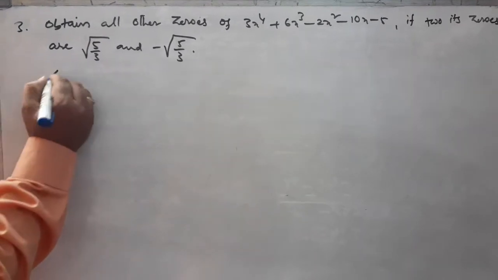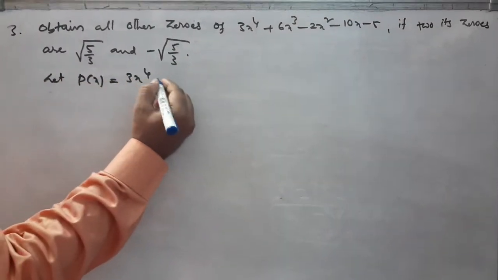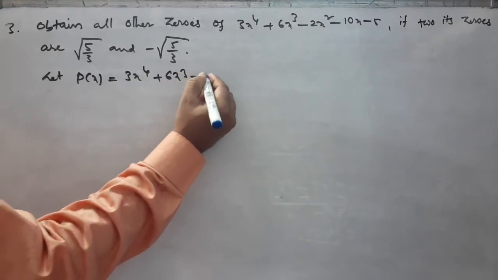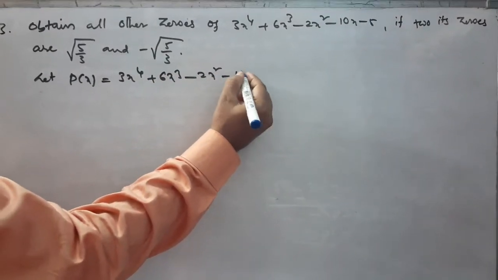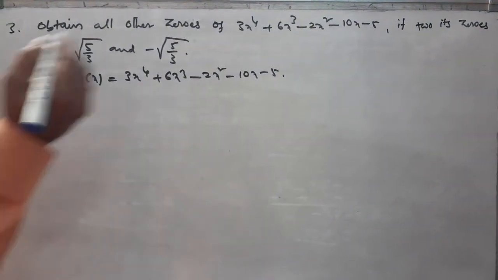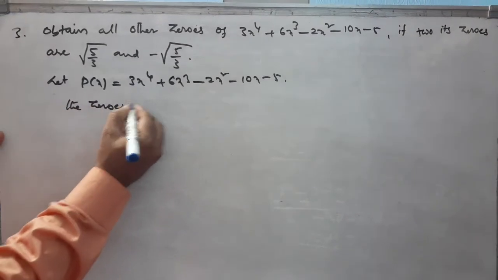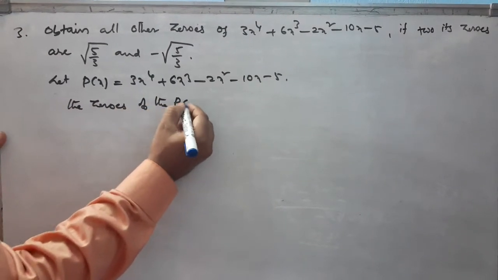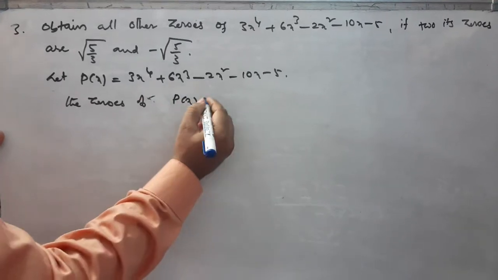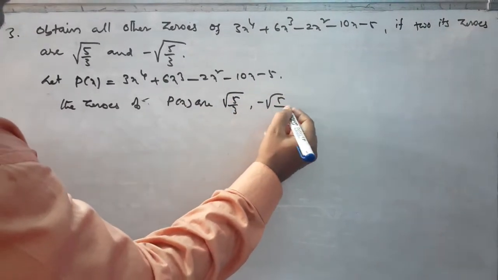For this, let p of x equal 3x to the power of 4 plus 6x cube minus 2x square minus 10x minus 5. Also given, the zeros of p of x are root 5 by 3 comma minus root 5 by 3.